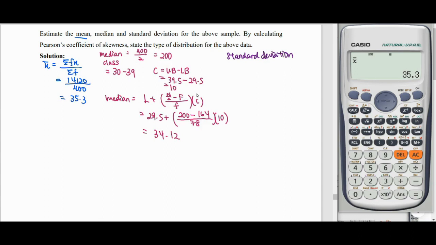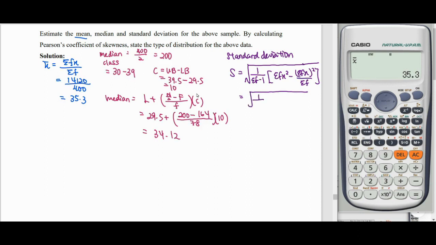So for the standard deviation formula, S will be equal to the square root of variance, where variance will be 1 over n minus 1. So n minus 1 is total frequency minus 1, in the bracket, summation of fx squared minus summation of fx, everything squared, over total frequency. So we can get this from our calculator.